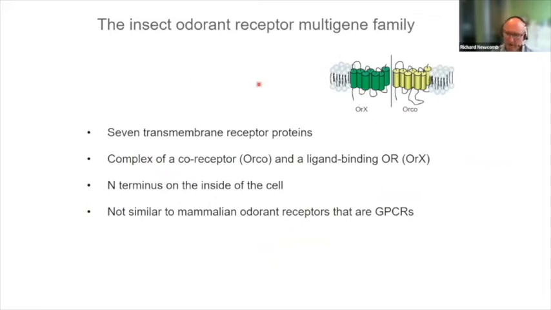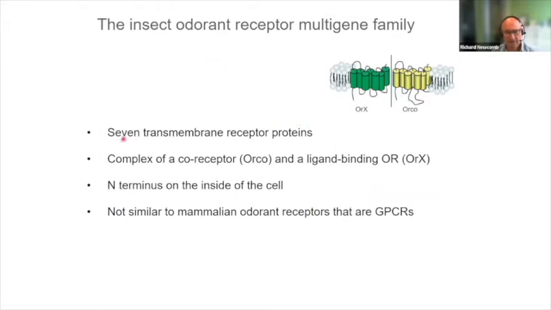So the question is, what are these receptors that receive and sense volatile odors? It turns out that insects have their own odorant receptor multigene family that senses smells, and it's different from the receptors that we use.